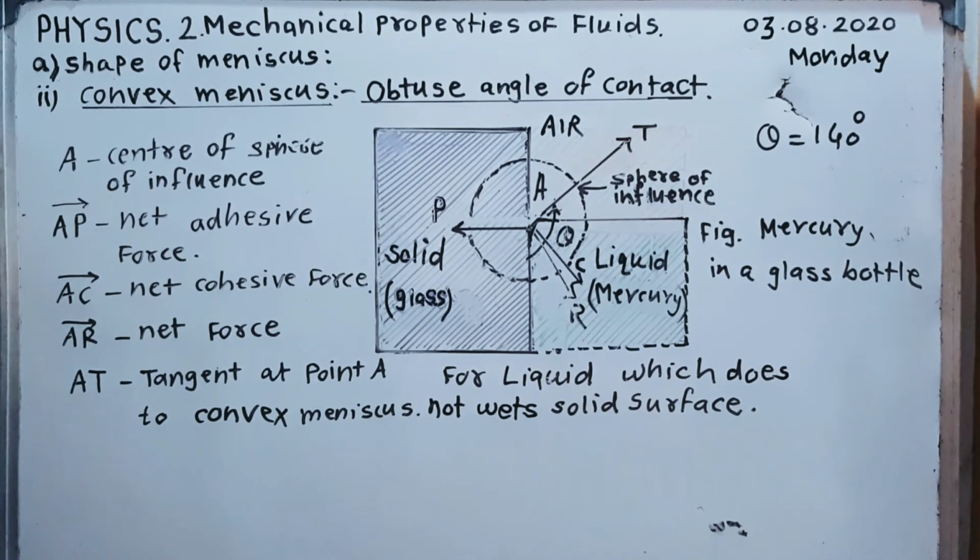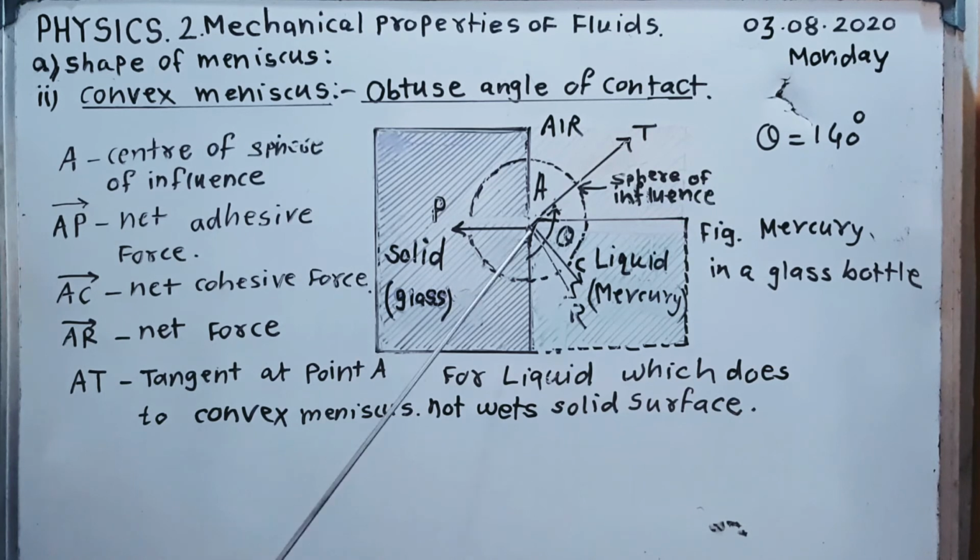Here let us consider a molecule A exactly at the mercury, glass and air interface, on the surface of the liquid near the wall of the container. The molecule A experiences different types of forces, adhesive forces as well as cohesive forces, exerted by the glass and the mercury molecules.